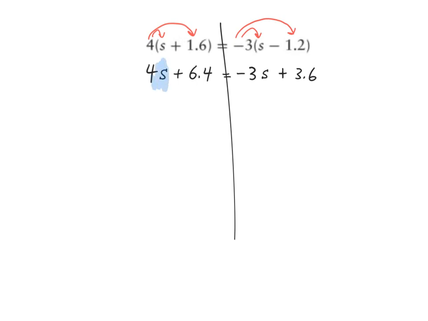Okay, so we've got this letter term with the variable and this one, and then we have these two plain old numbers sitting there hanging out. So I'm going to move this negative 3 over by adding it to both sides. So plus 3s to both sides.